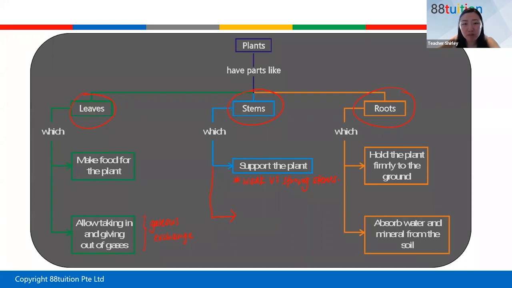But generally, most of them are strong stems. They are able to support the plant upright. So it depends on what type of stems as well. Things like, for example, the cucumber, the stems are really weak, so they can't support the plant upright. Of course, the woody ones like trees, apple trees, banana trees, coconut trees, all these are strong stems.